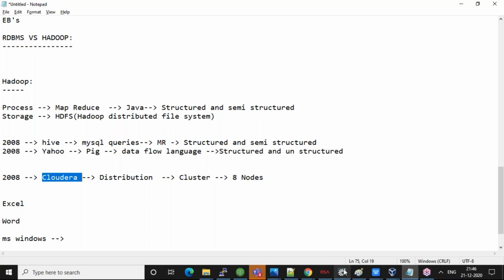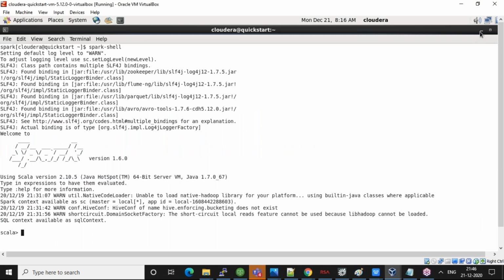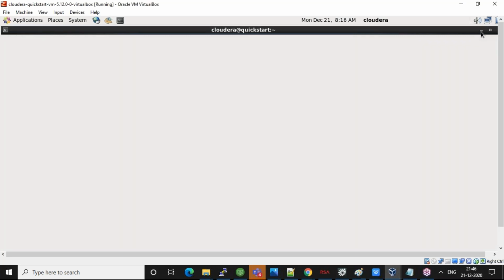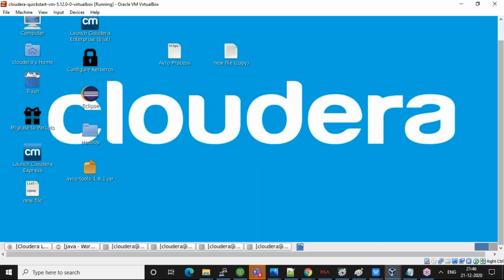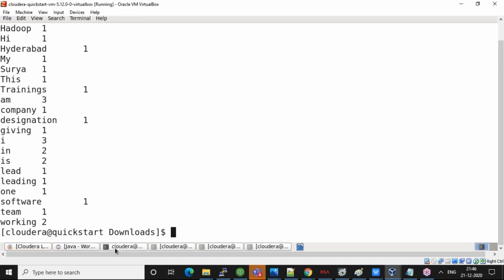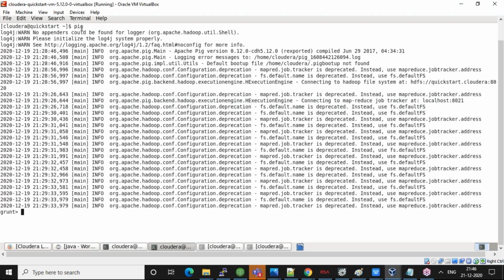See guys, I will show you. This is Cloudera. This is a single-node cluster. This is free; if you want to practice, you can install this Cloudera on your machine. All the components are available in it. Just now we saw the Pig grunt shell.